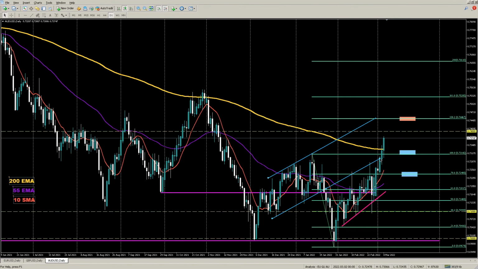And let's extend this channel trend line. Okay. And that was right at the intersection here, where the swing high at 100 fib, as well as the lower channel trend line where it broke out higher and right through the 200 EMA.